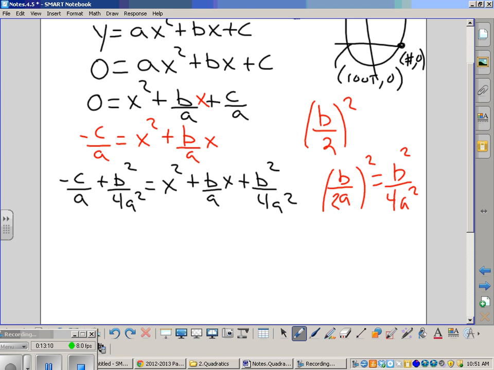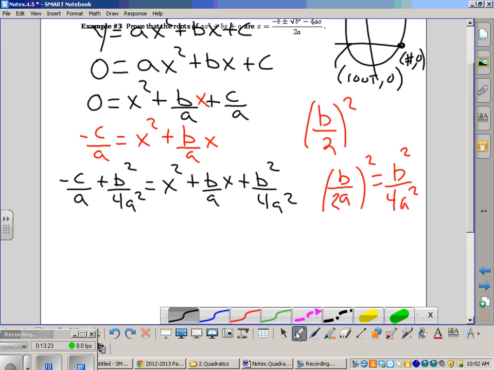Okay, so it looks like it's a complicated mess, but I'm just going to complete the square on the right-hand side. Okay, so let's factor this. So you know it's going to be something squared. So x plus, all you do, guys, is take the square root of the last term. So I'm going to highlight it.